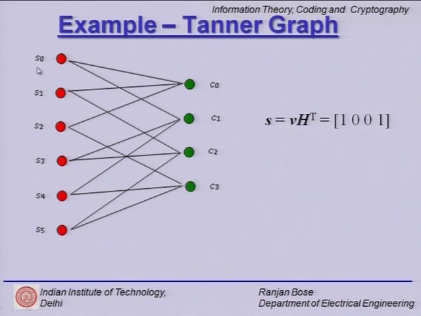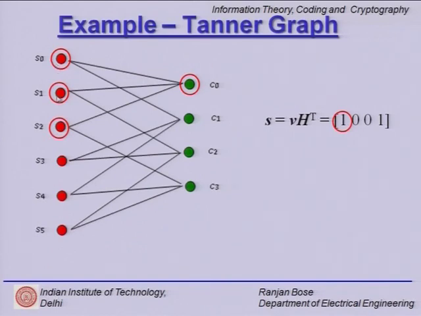And now I have to go back and see which of these received vector, which of these elements need to be flipped or changed so that I can get a 0 0 0 0 here. That is the logic. So, first I look at this first guy. First one, it is only connected to these 3. So, first guess is that any one of these 3 S0, S1, S2 could have resulted in this one.